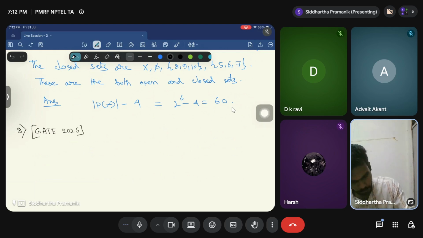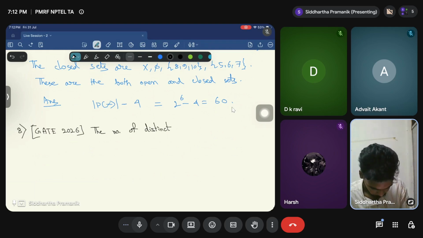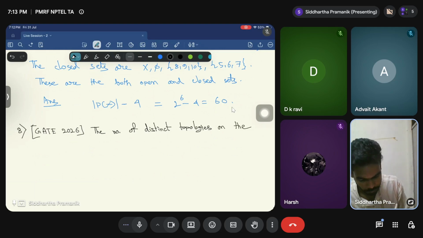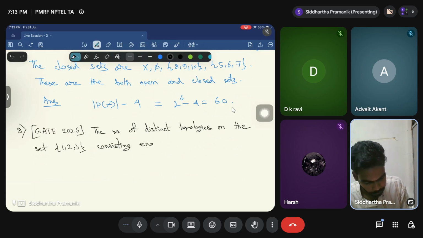So the question is: the number of distinct topologies on the set {1, 2, 3} consisting of exactly 4 elements, or 4 open sets.